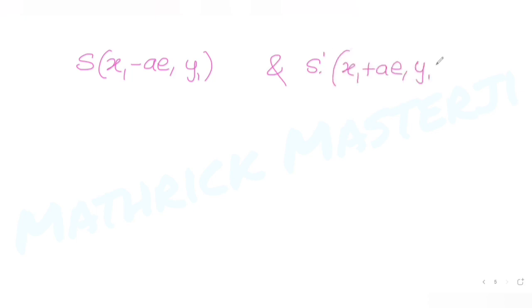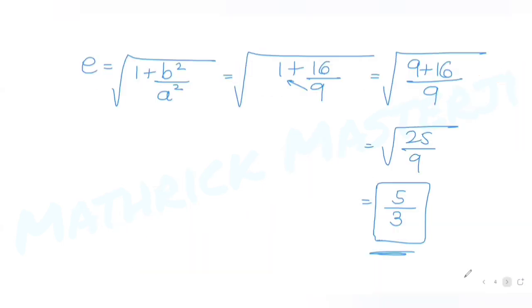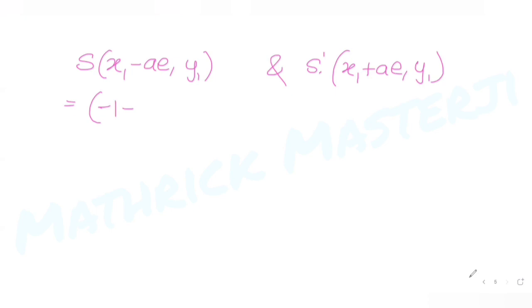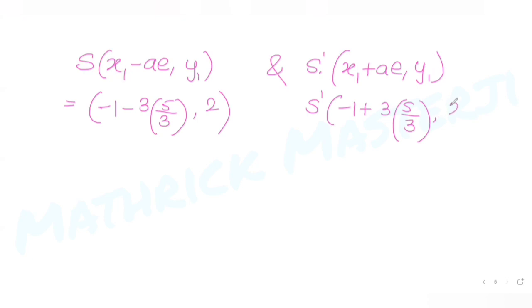We know the foci points are given by (x1 minus ae, y1) as the first focus, and for the second, instead of minus I put plus, so (x1 plus ae, y1). Here x1 is minus 1, a is 3, e is 5 over 3, and y1 is 2. For S dash, it's minus 1 plus 3 times 5 over 3, and y1 is again 2.